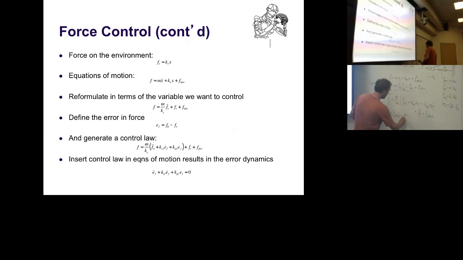This is M over Ke times F desired double dot plus Kdf times E dot F plus Kpf times EF, okay, plus Fe plus F disturbance. Okay? Fine. If I have this, now I accomplish my goal. This here cancels against this. This cancels against this. So I'm just left with this term and this term.